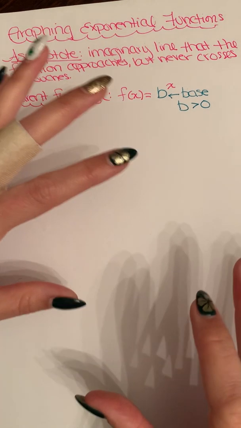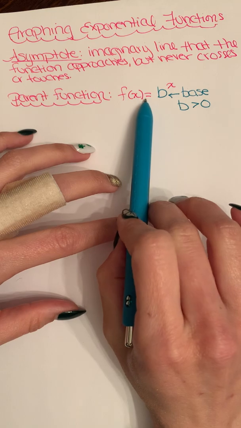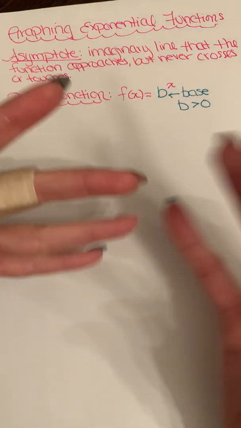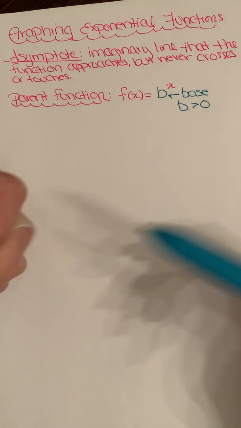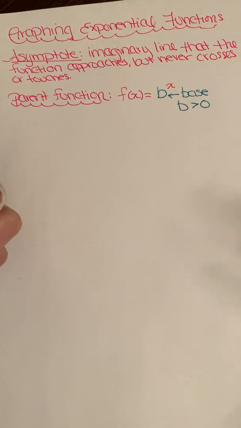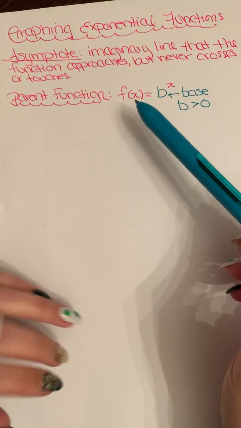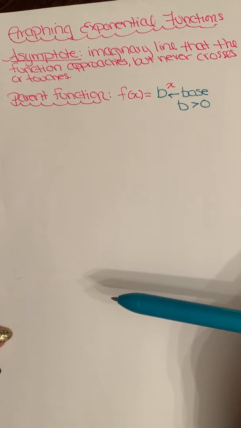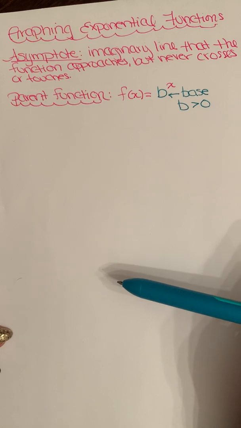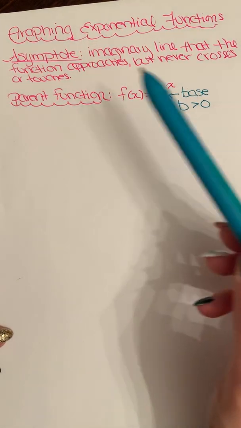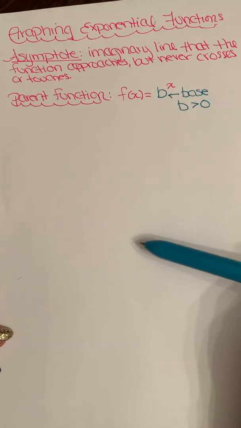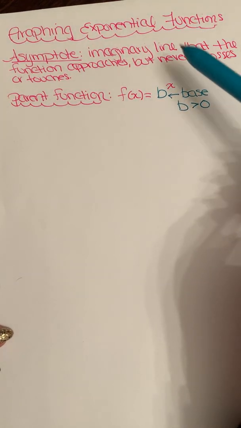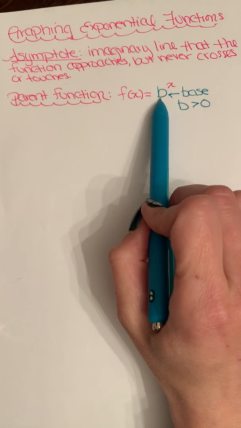The thing that's different about exponential functions is that there's no one parent function. The parent function for linear was y equals x, and the parent function for absolute values was y equals the absolute value of x. But the parent functions for exponentials can look like a variety of things: y equals 1/2 to the x, y equals 3 to the x, y equals 0.25 to the x. That base can change.